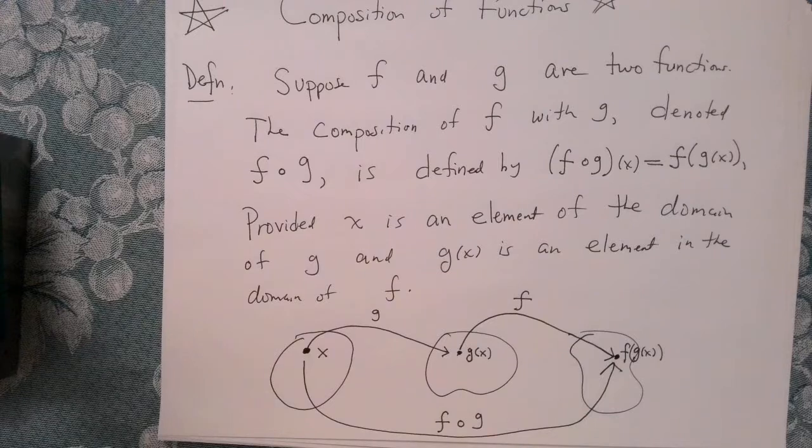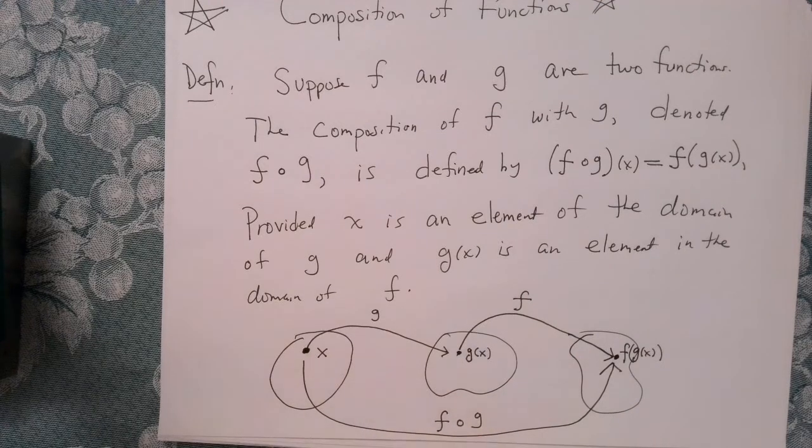Sometimes, and often when I think about this, I read this as f after g. When I was in high school, I was trained to read this as, I think, f of g. But I think it's more illuminating if you say f after g, because you apply the g map first and then the f map. That way you never get confused with the order.